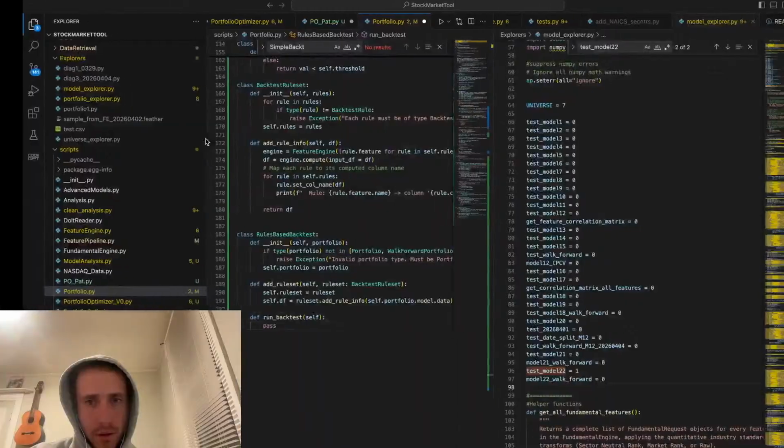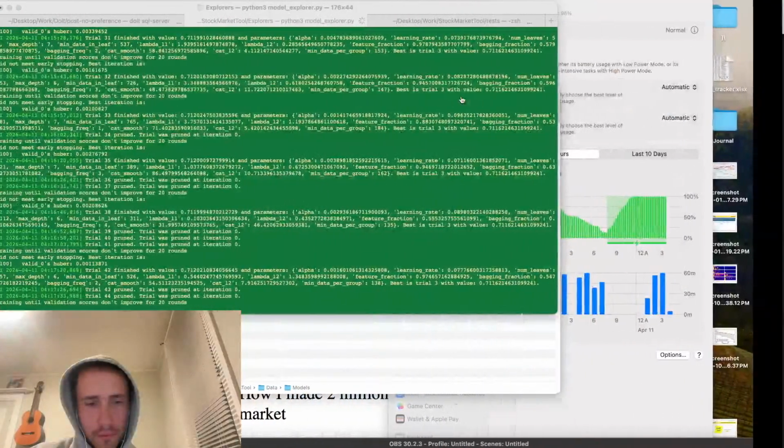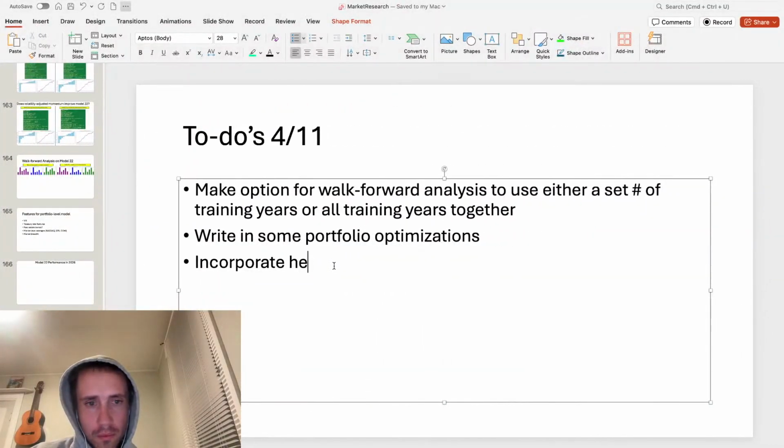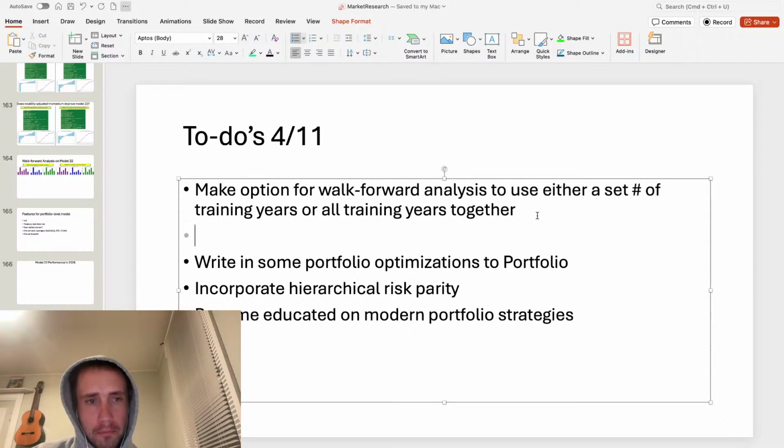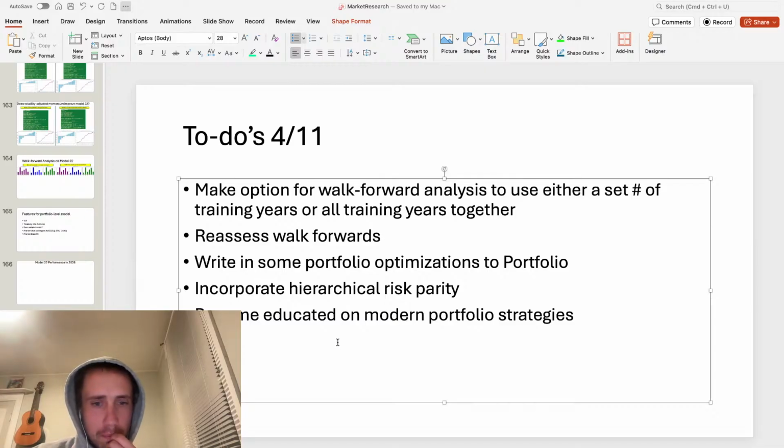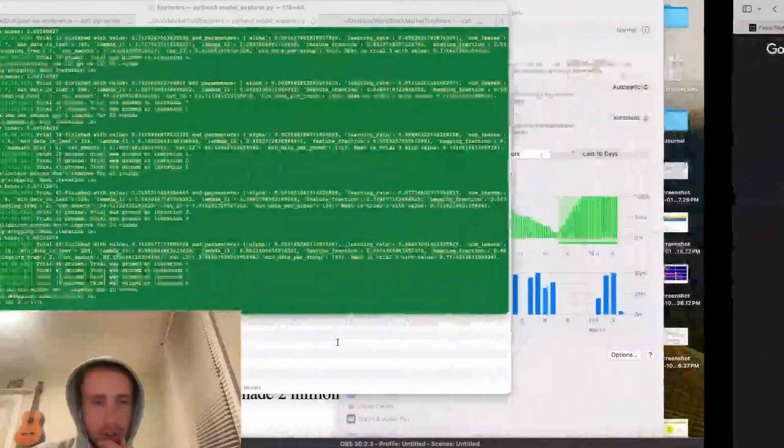Risk parity. What else do I need to do? That should improve performance. I think that's all I got for now, so that's it for tonight.